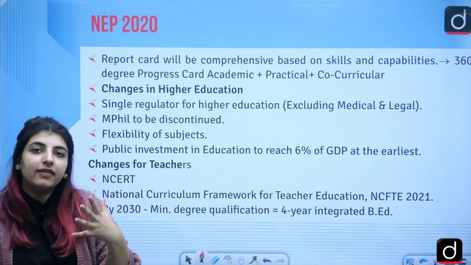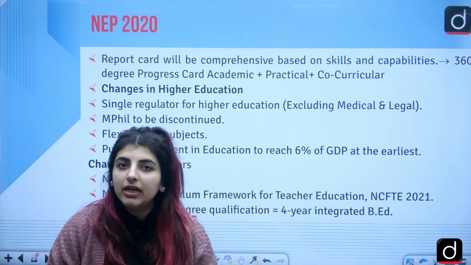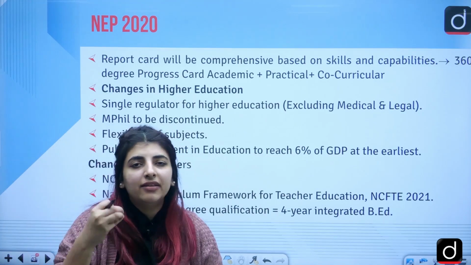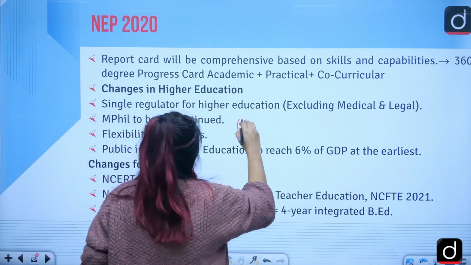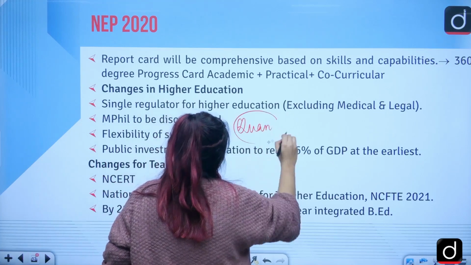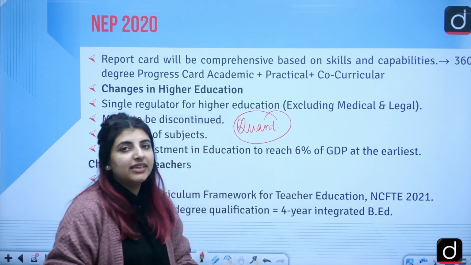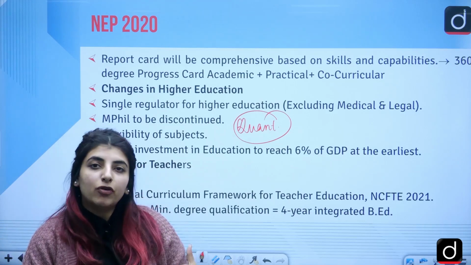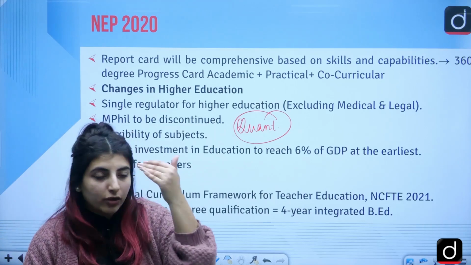So basically, in previous times, students used to get report cards with only the quantitative, or we can say numerical things. There was no mention of how the student is performing in co-curricular activities, the overall development.